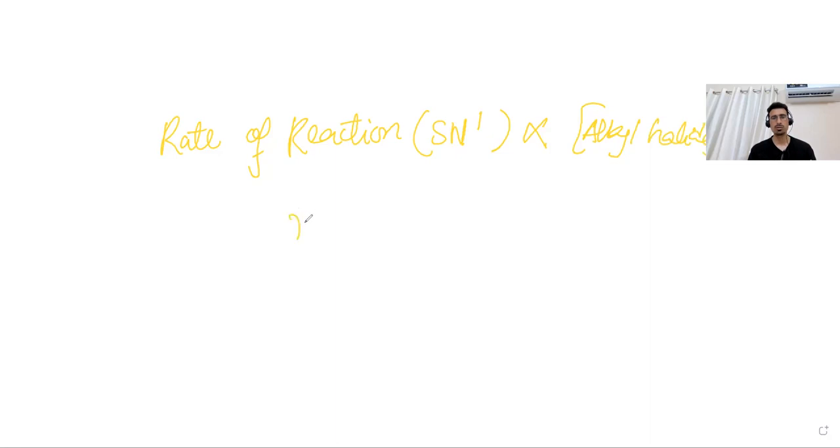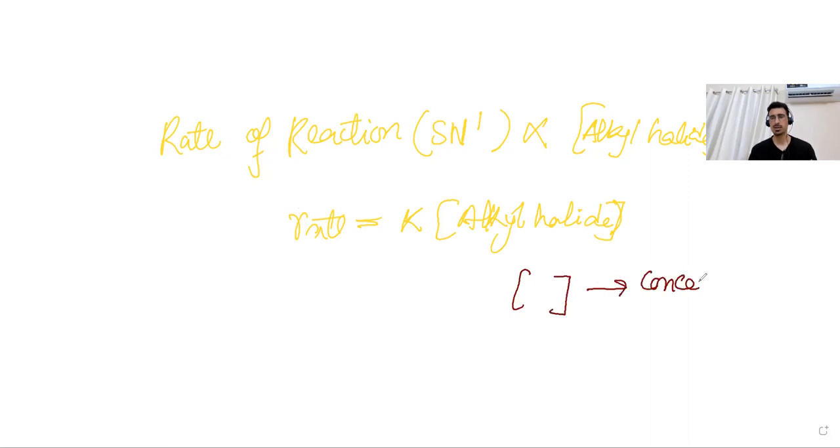Okay, we may also write this as rate is equal to constant into concentration of alkyl halide. Square brackets are used, and these square brackets indicate the concentration of any species. I hope it's clear.